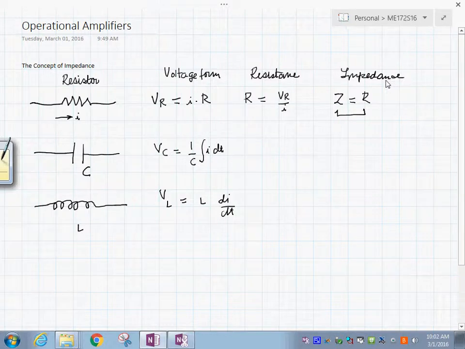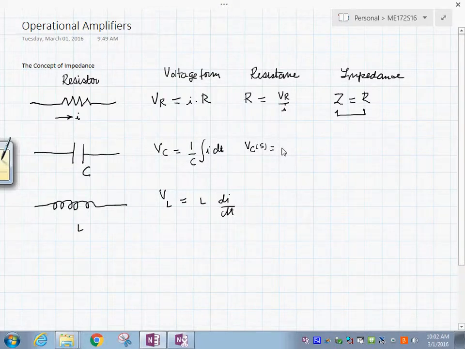obviously V of S is equal to R times I of S. Yeah. If you do it over here, you can say that the voltage C of S is equal to 1 over C times 1 over S, right?